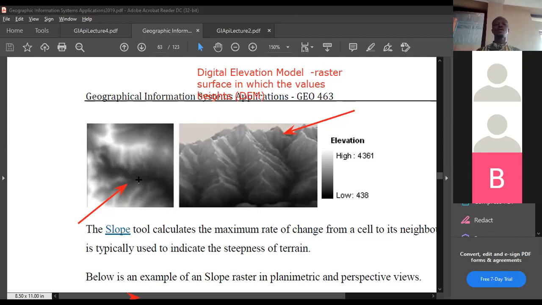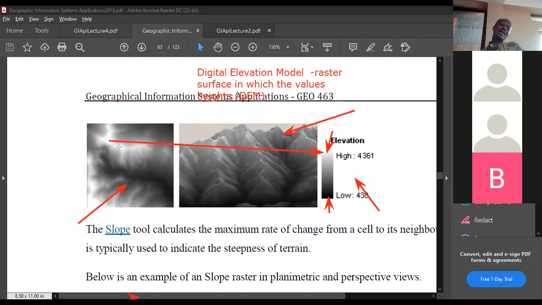The cells in the raster data, now every value in there represents a height value. So here, look at the key. The black areas have lower values, and the light gray areas close to white, for example this part here, have high values.